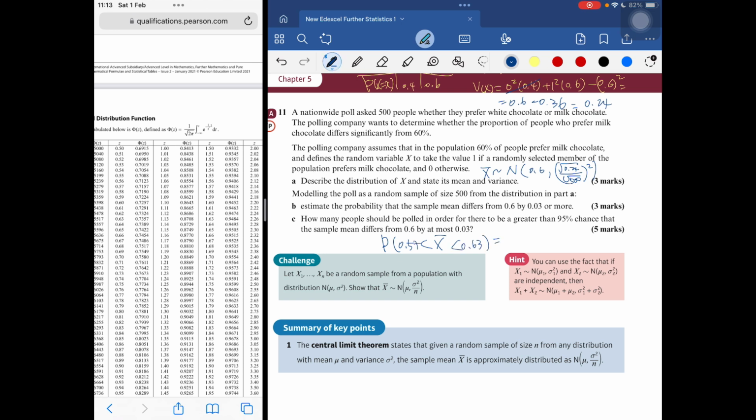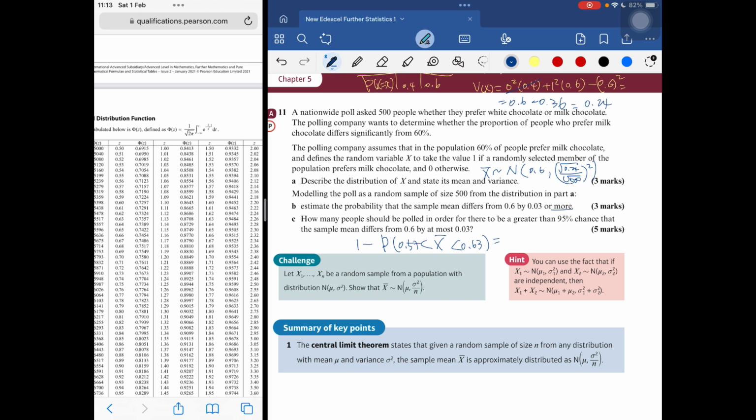So normal CDF, 0.57 to 0.63, 0.6, and square root of 0.24 over 500. And the answer is 0.829. But the question says differ by 0.03 or more.